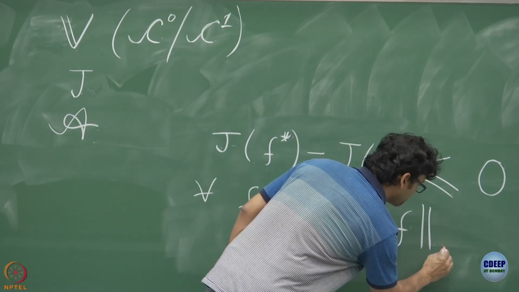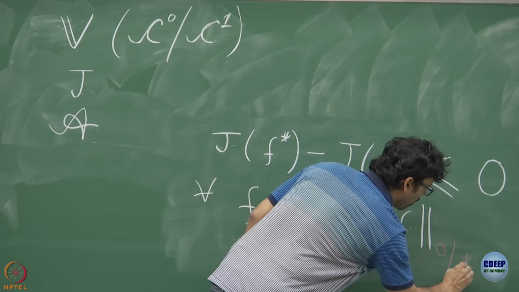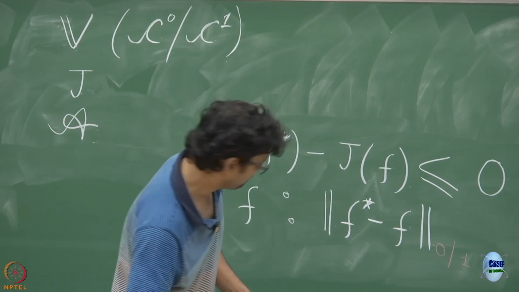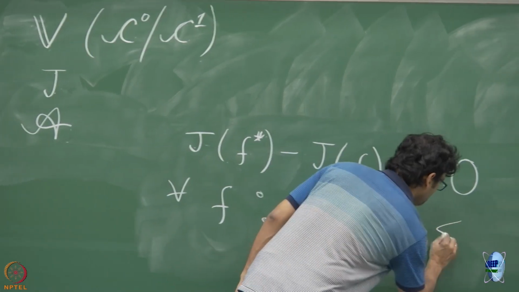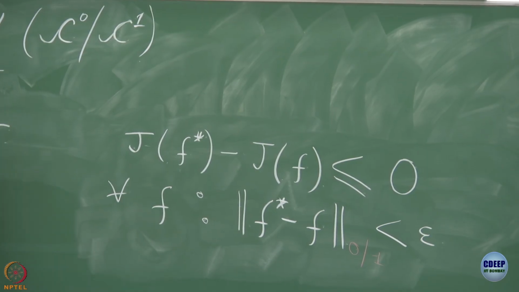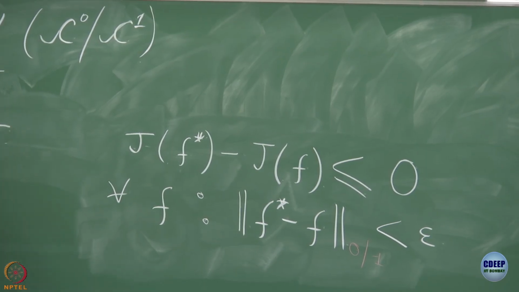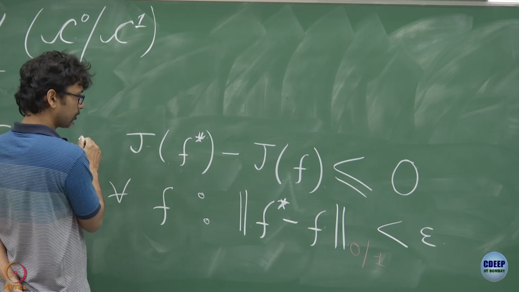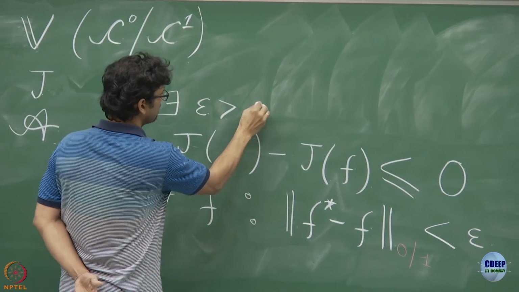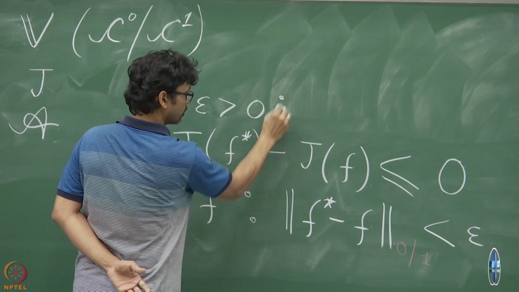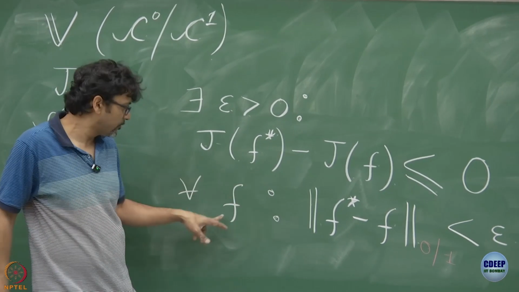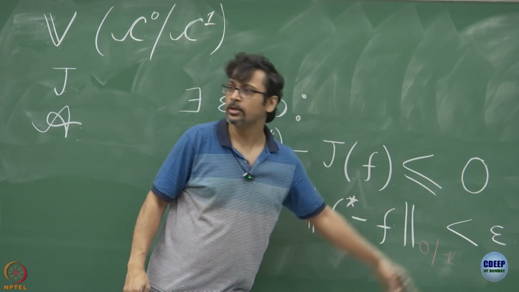So this can be either 0 or 1 depending on whether you're looking at a strong or a weak extrema. So there exists epsilon greater than 0 such that this is negative for all F in that epsilon neighborhood.